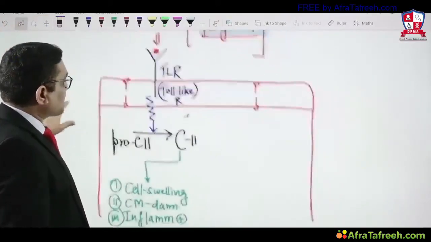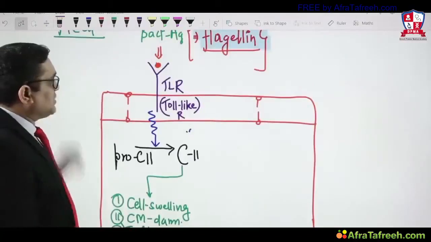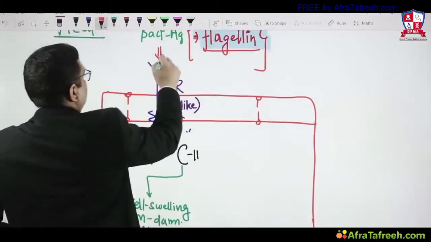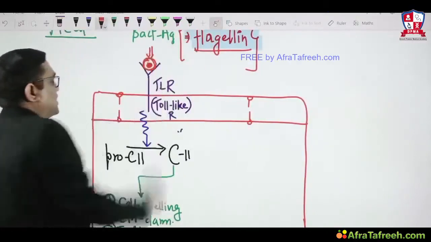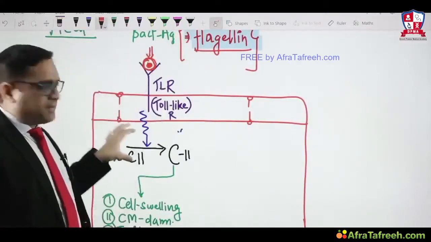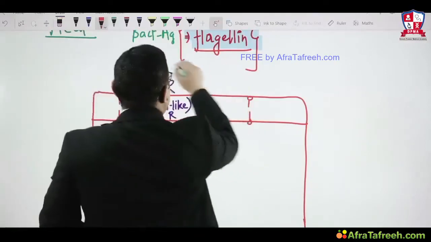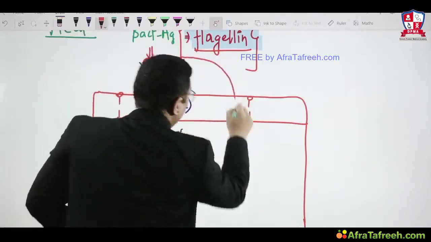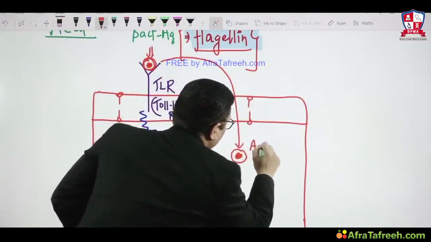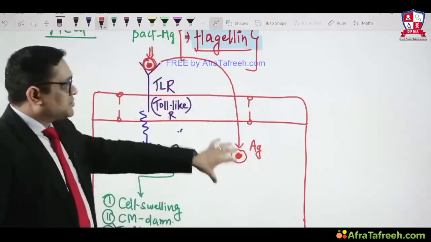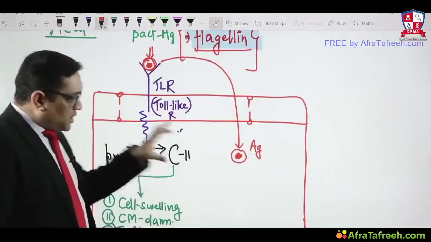Now the second pattern of events. See here, this is the bacterial antigen which I have demonstrated on the membrane surface. But the bacterial antigen can also come directly into the cytoplasm. Again, this is the bacterial antigen or flagellin, and it has entered the cytoplasm.